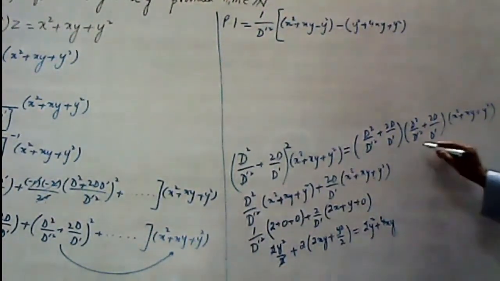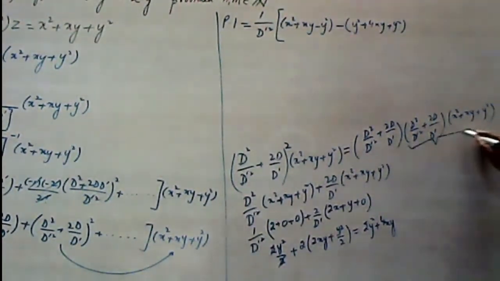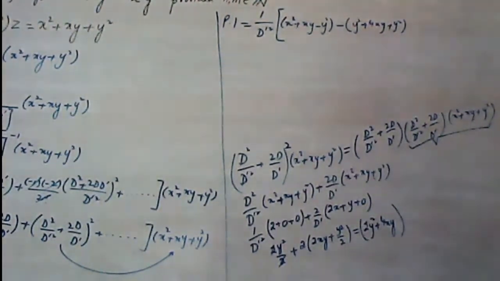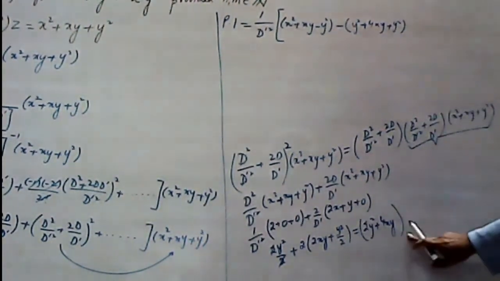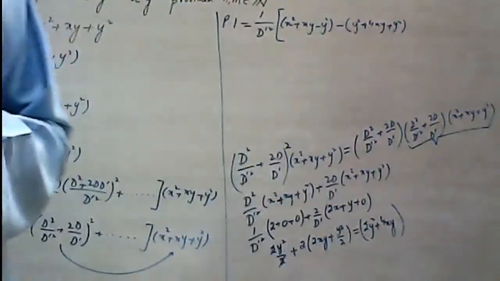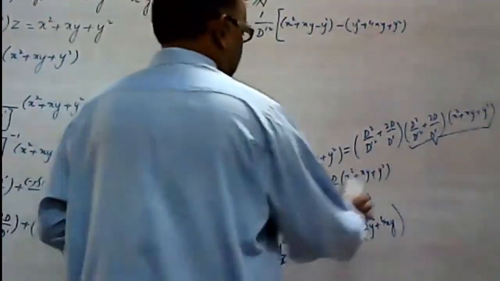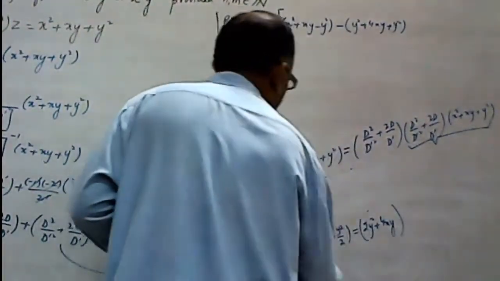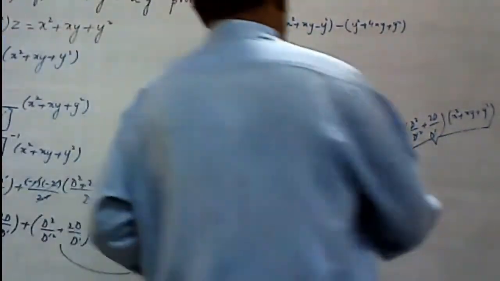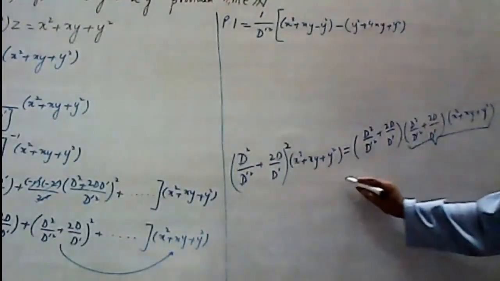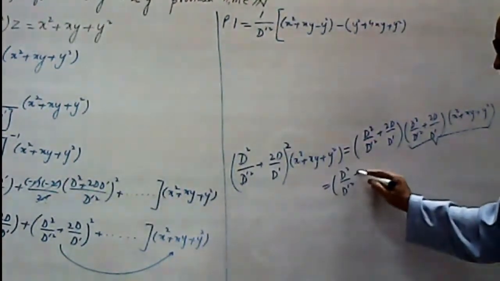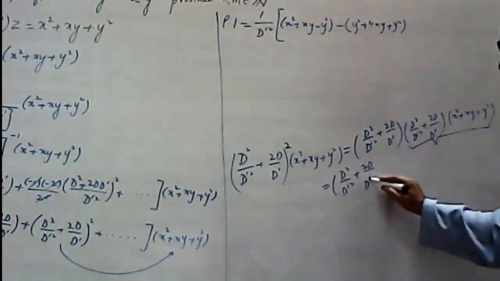Why is it fruitful to write in this way? Because the response of this term is here. The response of this term is this one. So if I write in this way, then I need to work less compared to opening the square. So now what I did, I am writing d square upon d dash square plus 2d upon d dash.